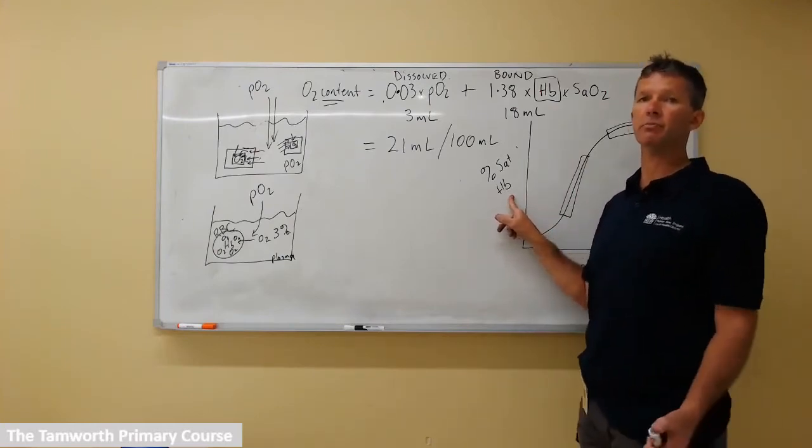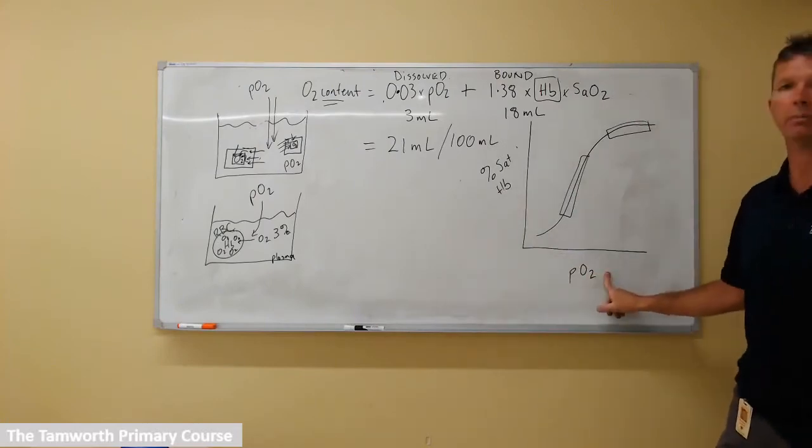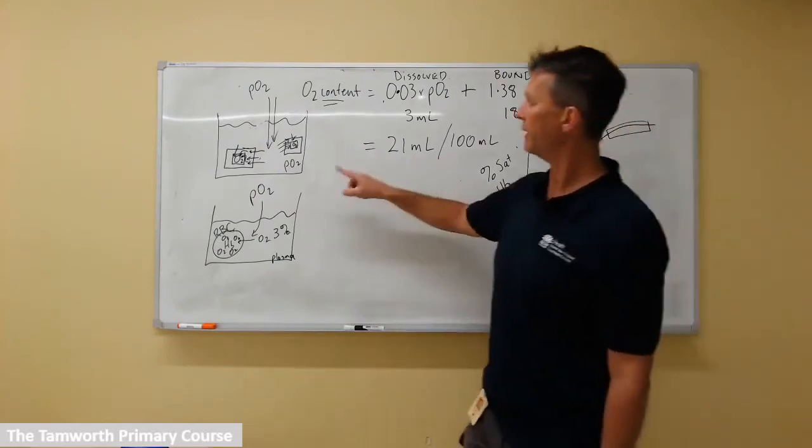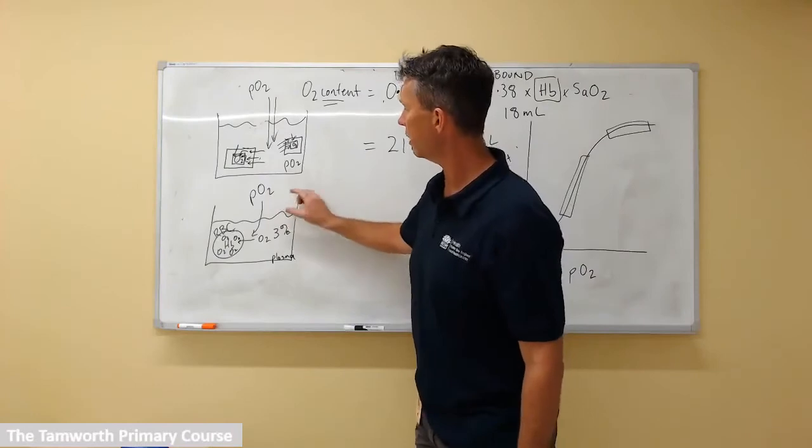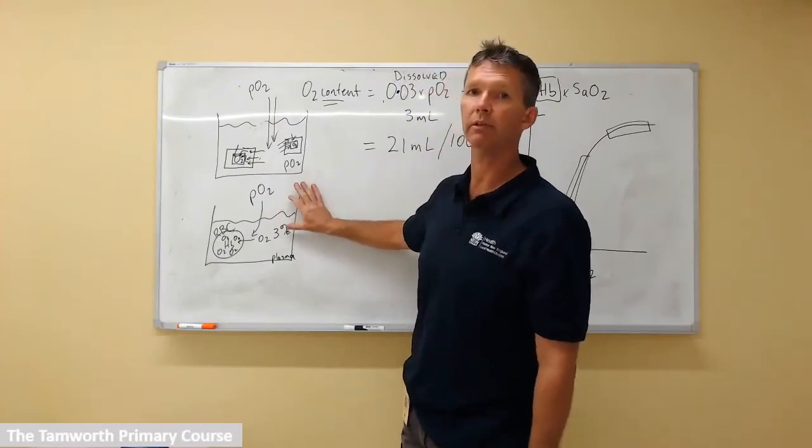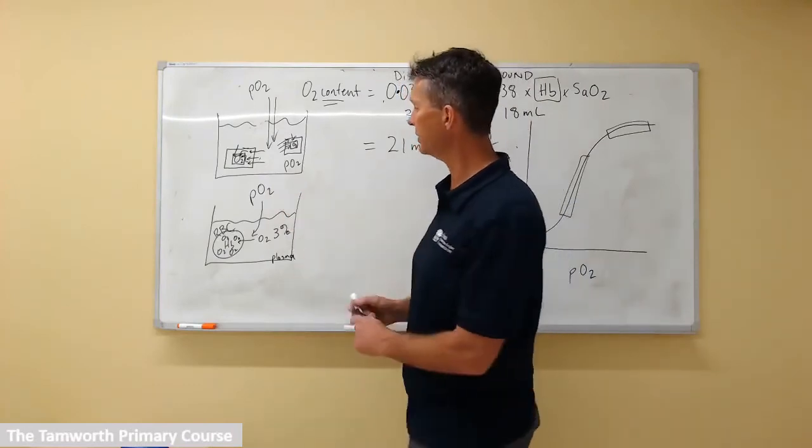And the other thing that's easily measured, a probe stuck in a tissue to measure the PO2, i.e. the gaseous phase of a solution with air above it, i.e. a blood sample.